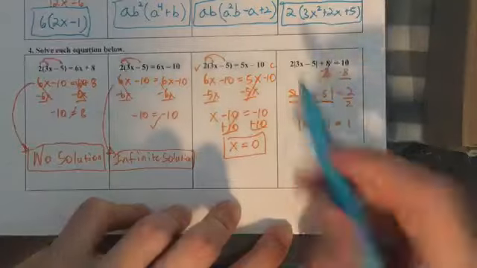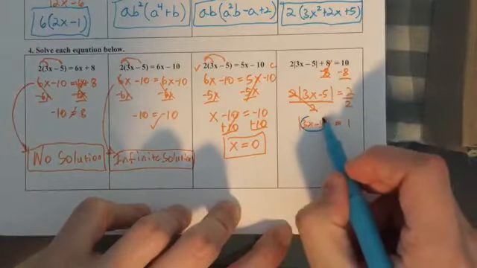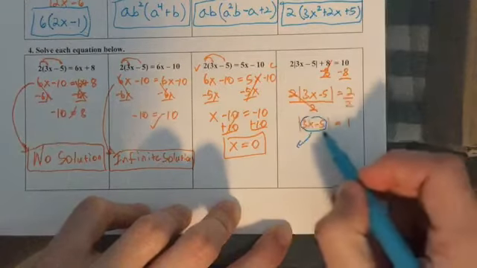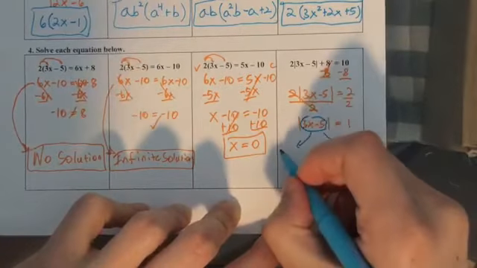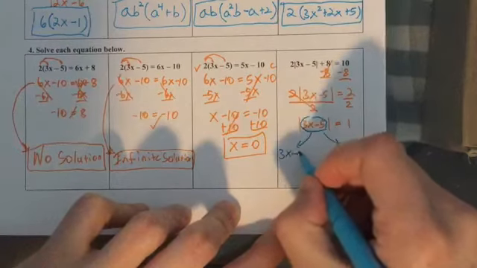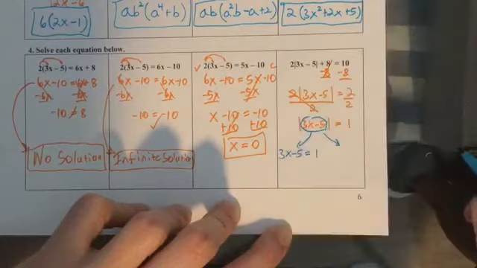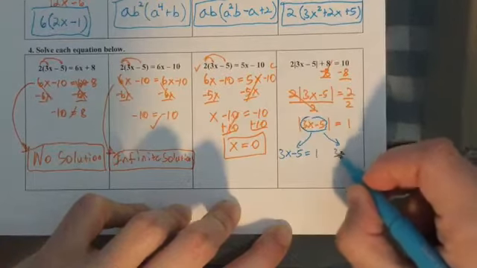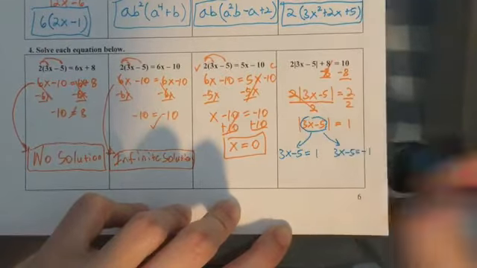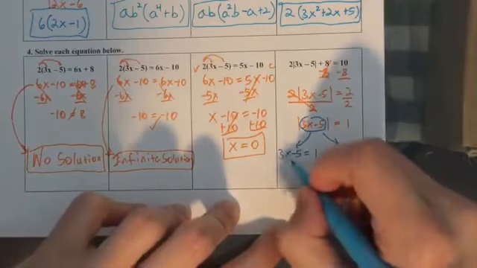Now we take what's inside the absolute value bars out and we make our two cases. We make the positive case and the negative case. So positive case, we set 3x minus 5 equal to positive 1. The negative case, we set 3x minus 5 equal to negative 1 and solve for each.